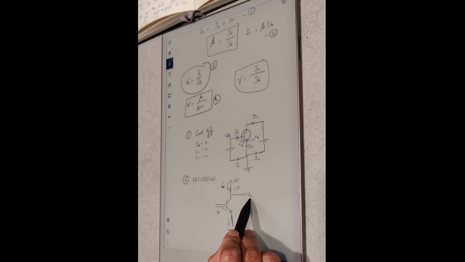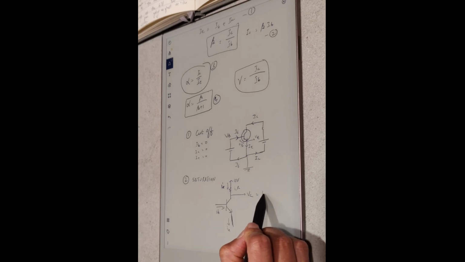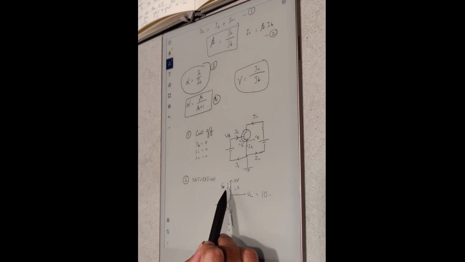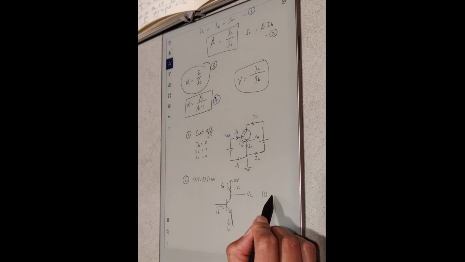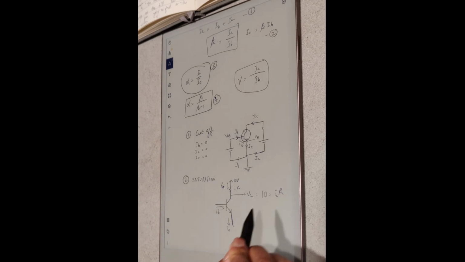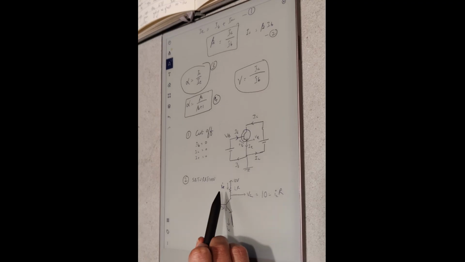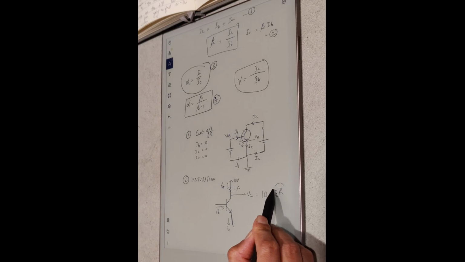So therefore this VC is going to be equal to 10 minus whatever the potential drop here is, which is IC times R. Now if I keep increasing IB, then I'm going to have more IC, which means this drop is going to be going up.